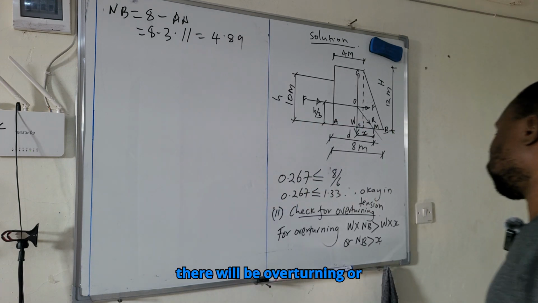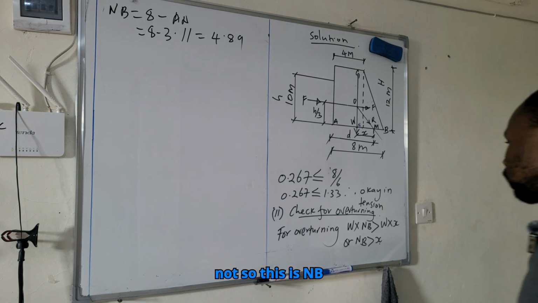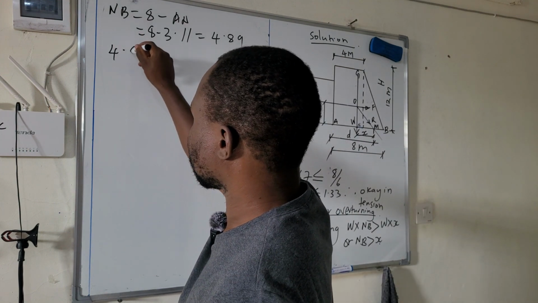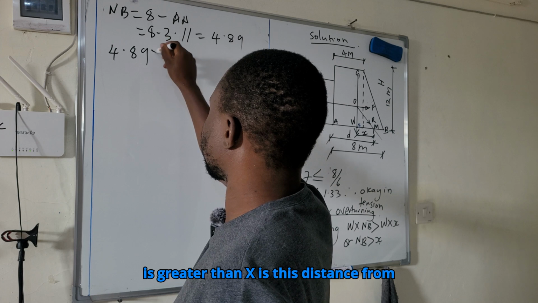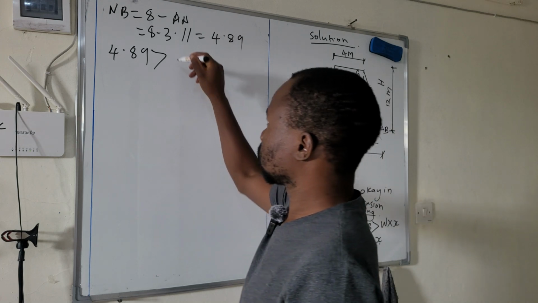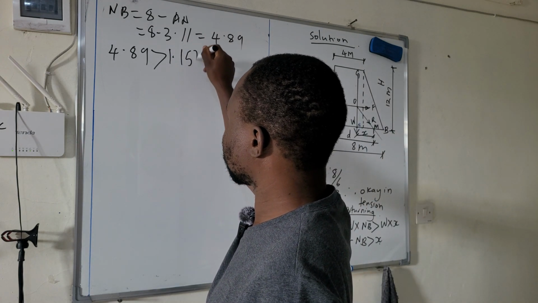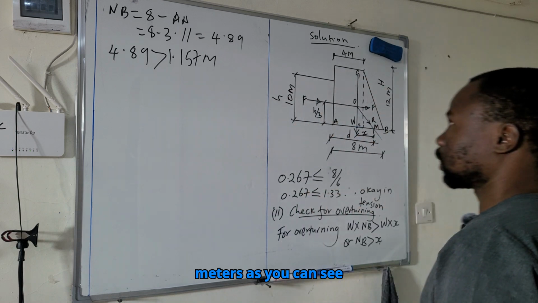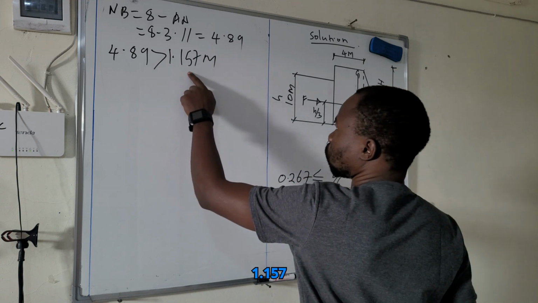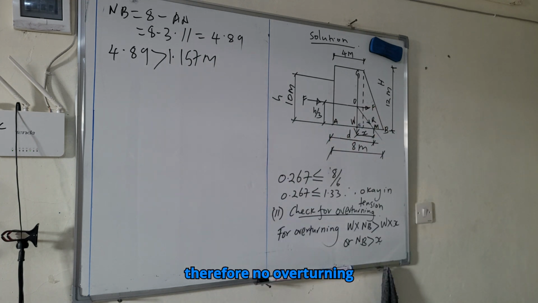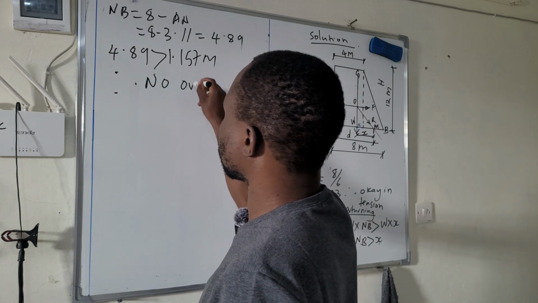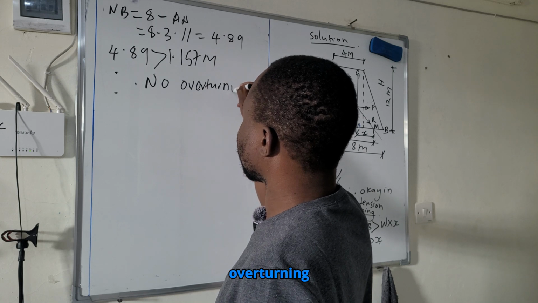So let's see if there will be overturning or not. NB, which is 4.89, is greater than X, this distance from here to here, which is 1.157 meters. As you can see, it is greater. Therefore, no overturning.